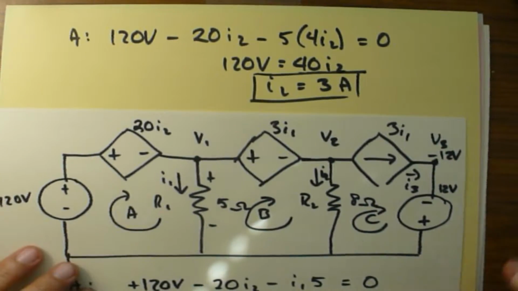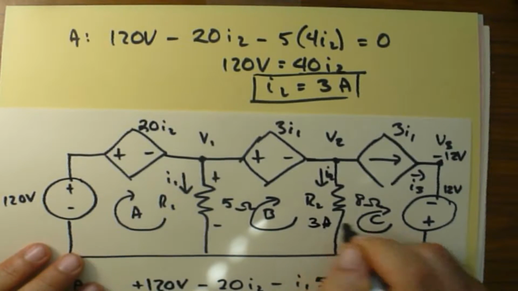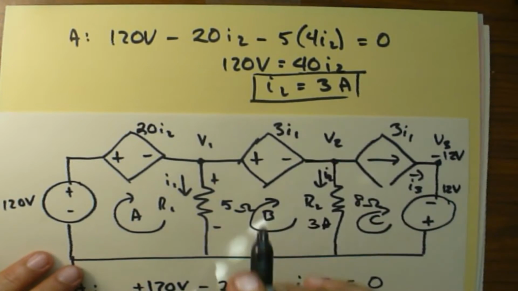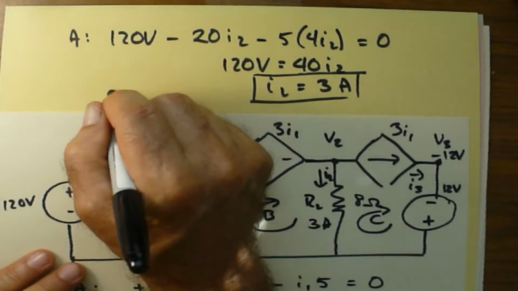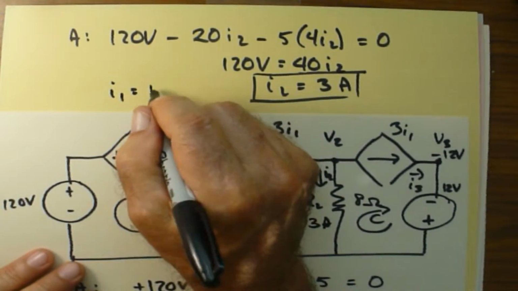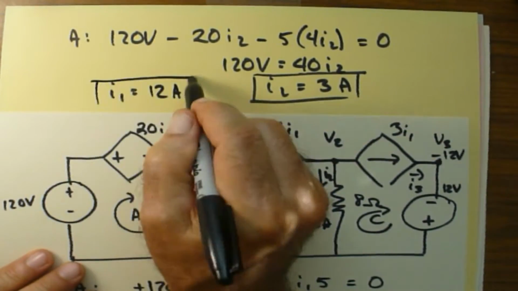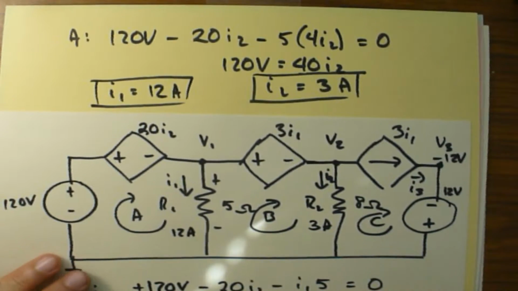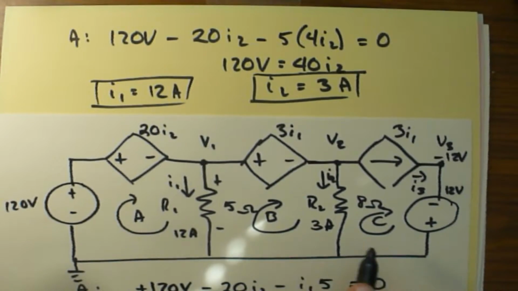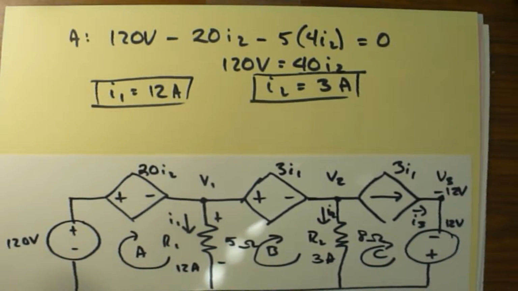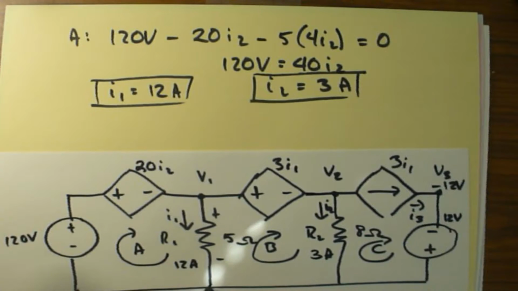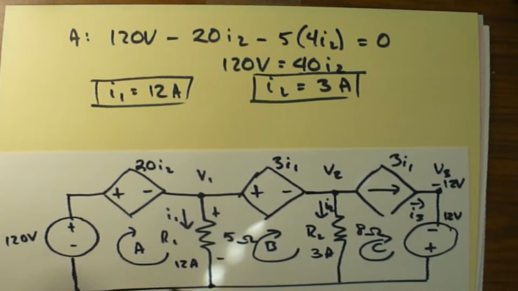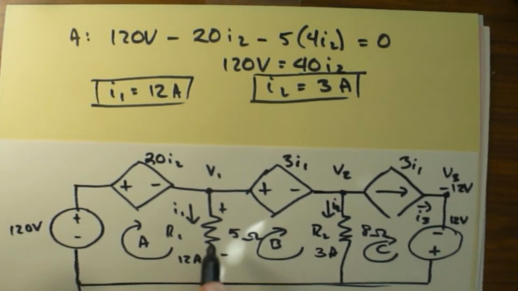This is I2 over here. It's 3 amps, right? And then I1 is 4 times that, which means I1 is equal to 12 amps. Okay, so most of this problem is solved already. Now we can use this to find V1 and V2 right away, right? This whole branch is all 0.